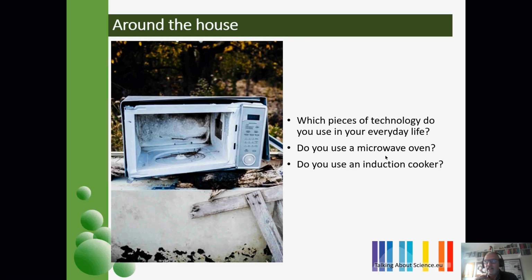I think the problem with microwaves has been that when they first came onto the market, it was the radiation thing which people got concerned about. It's not radiation, it's electromagnetic radiation.